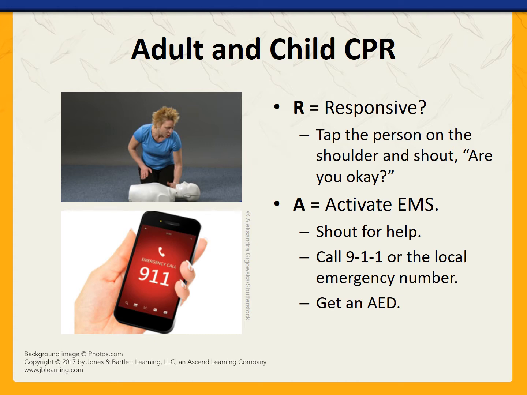Get an AED. If you are the one assessing the situation and will be performing CPR, provide direct instruction to someone to do the other items for you, such as you in the plaid shirt, call 911. You in the blue shirt, go try and find an AED, and if you find one, bring it back.